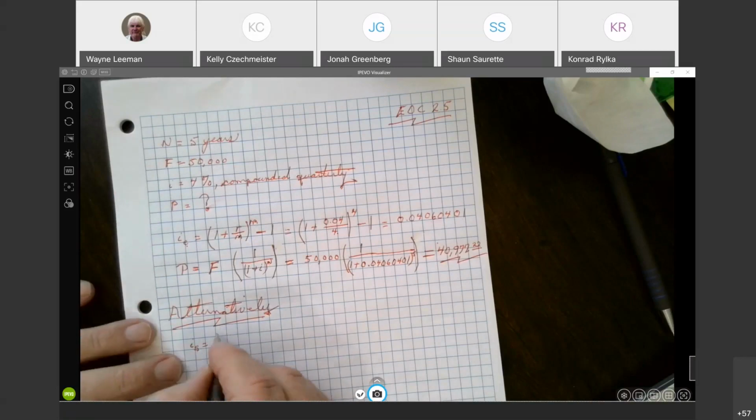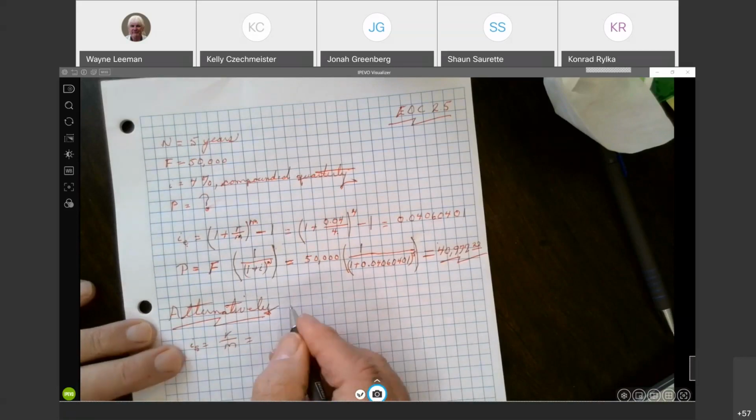But in that case, it's R over M, the other formula. And in this case, it's 4% over M, which is quarterly, 4.